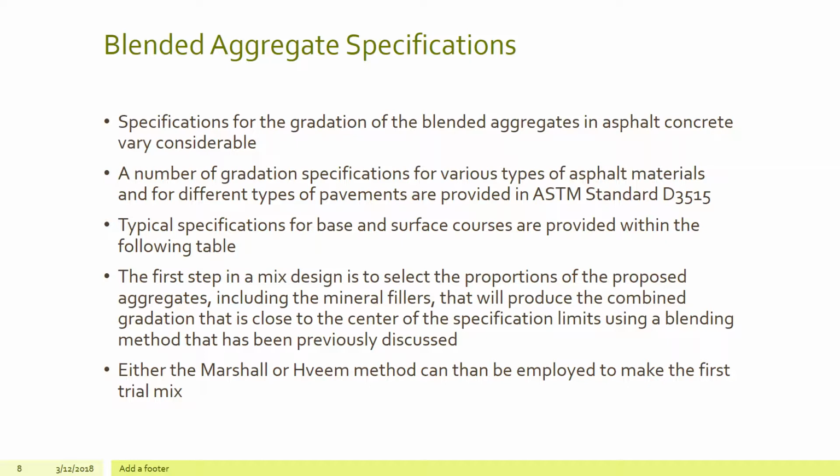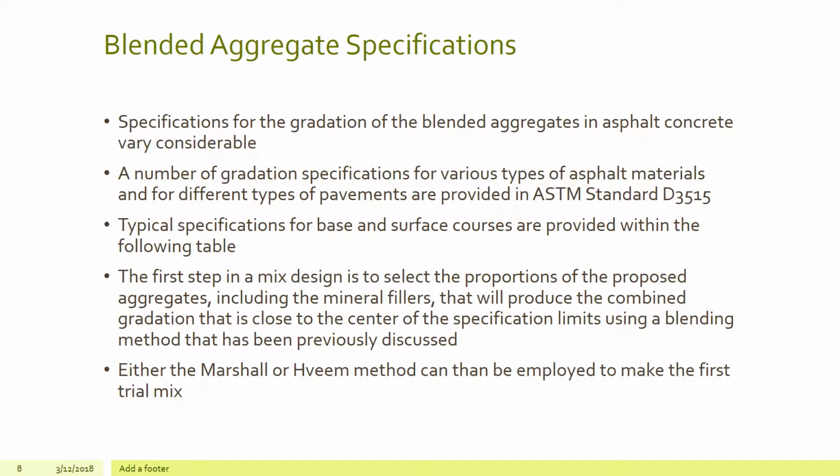When we look at blended aggregate specifications, again, we're trying to put these aggregates together as our base so that these particles move together and provide us with a strong surface that's going to be durable over time. The specifications for the gradation of the blended aggregates in asphalt concrete vary considerably. Again, we're not going to have perfect aggregate particles, so we're going to have to take that into consideration.